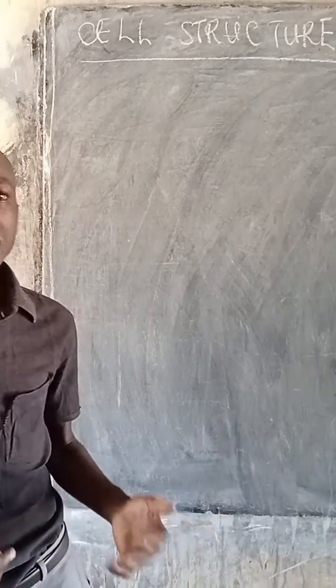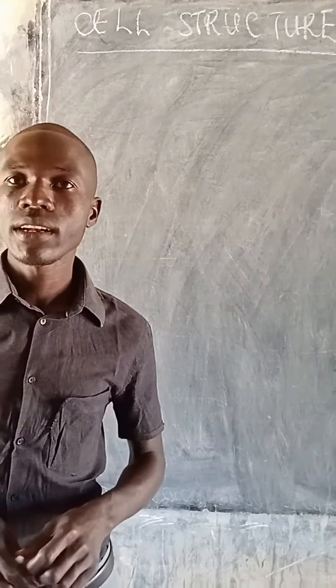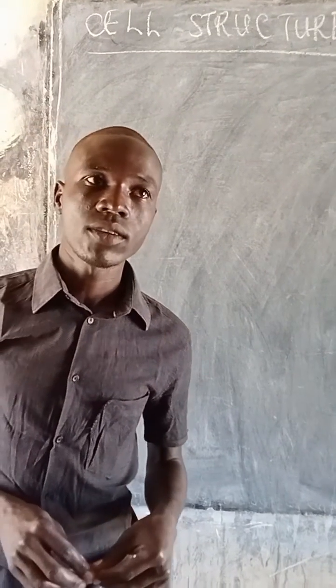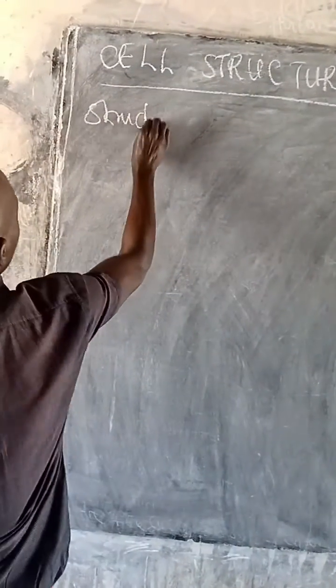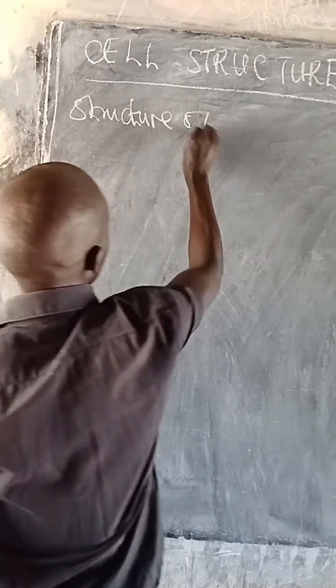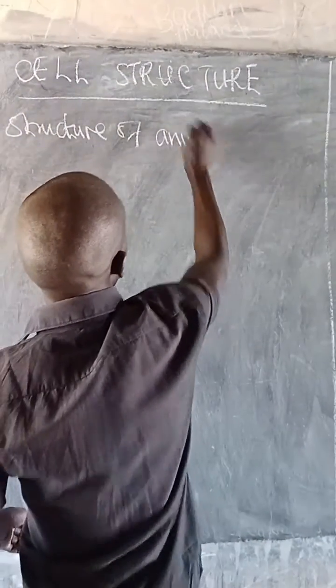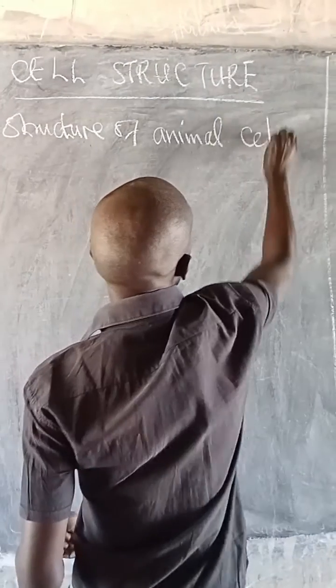So let us look at the structure of animal cell under light microscope.